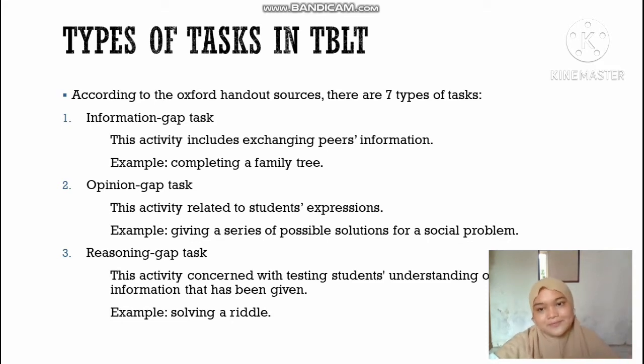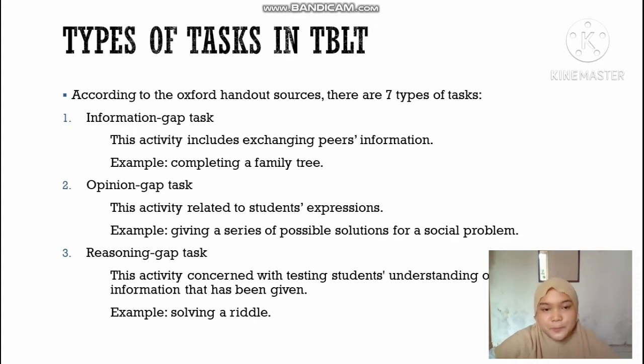the family tree. Next, opinion gap test. This activity is related to students' expression; it requires that students express their personal preference, feelings, or attitude in order to complete the test.